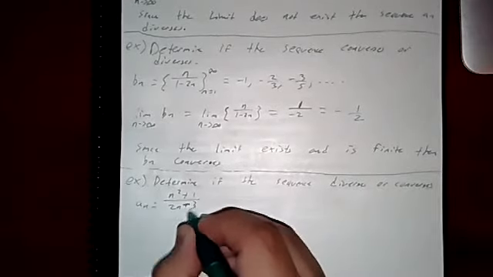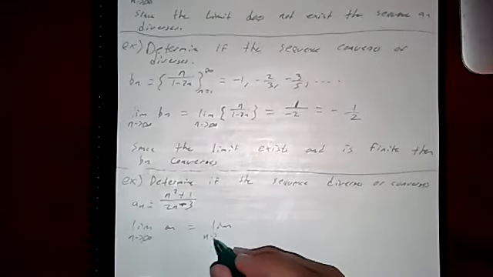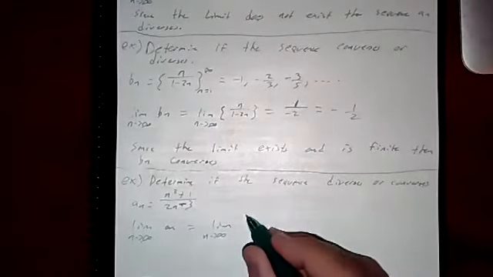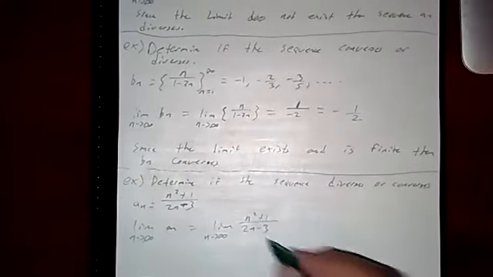So you take the limit of a sub n as n goes to infinity, which will be the limit as n goes to infinity of n squared plus 1 over 2n minus 3.